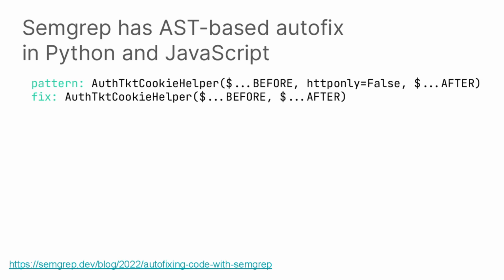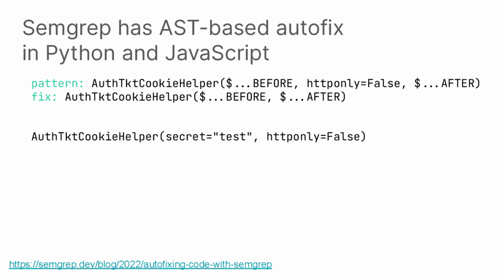Semgrep has text-based autofix, but for Python and Java we have an AST-based autofix right now as well. So in this example, say there's an HTTP only false flag present, but actually the default value is true. So the fix can actually just be remove this instead of replace it with true. If you would have this as a fix in text-based autofix, you'll run into problems.